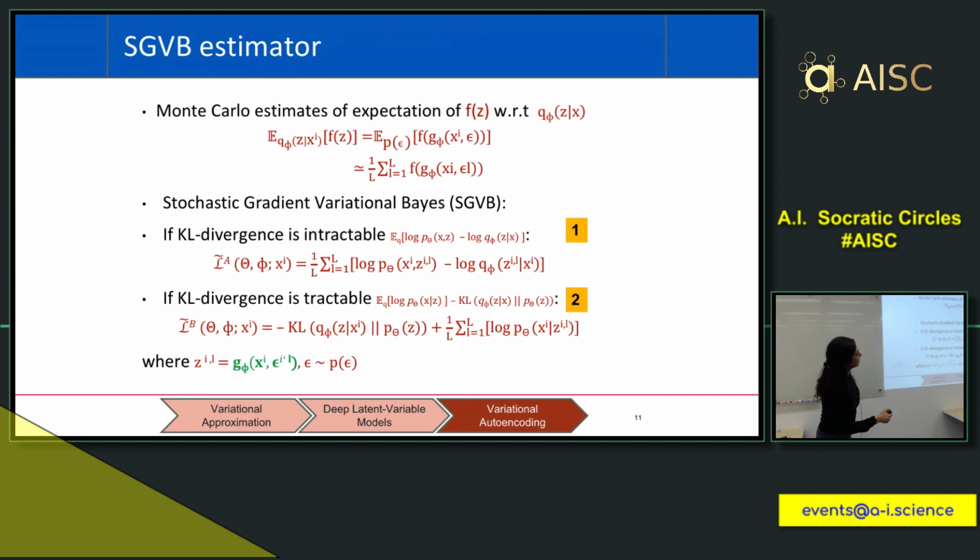So I will get this. It has a closed form solution, so I'll put it here. And then this is my f of z, which needs to be estimated using Monte Carlo. So this is actually the loss function for variational autoencoders.